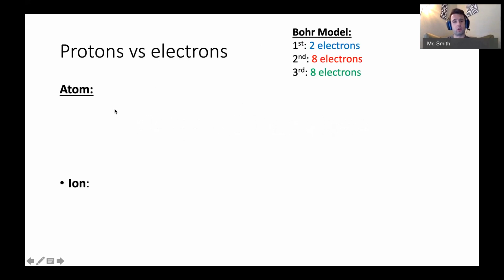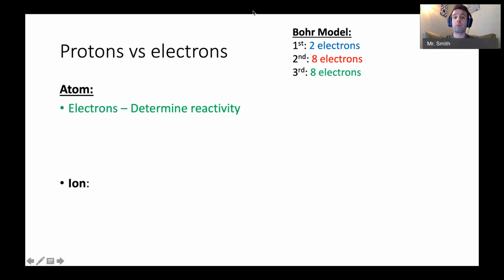Here we go. In an atom, you have these things called electrons. Their purpose in an atom is to determine reactivity. Now, it's not as simple as the more electrons you have, the more reactive you are, or the fewer electrons you have, the more reactive you are. It's actually based on how full your outer level is.